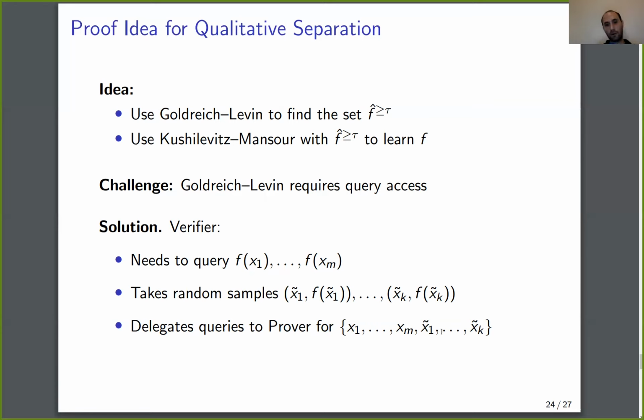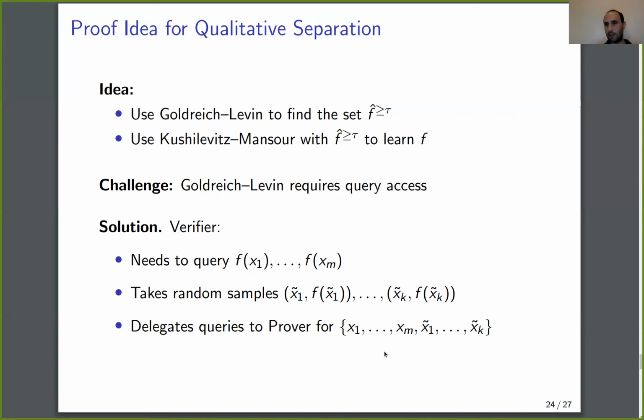And it's going to send both the queries and the x's from the sample mixed together to the prover, so that the prover can't know which subset of these x's the verifier knows the correct label for and which subset it does not. And what that means is that if the prover is honest, then it will go and query all these x's, both the regular x's and the x tilde ones, and send those correct values to the verifier.